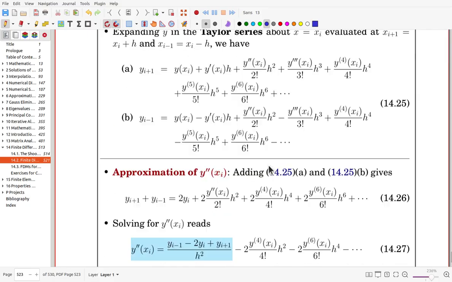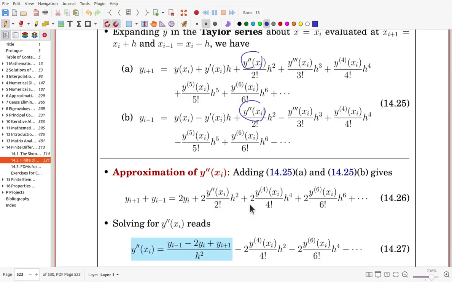And here, to get an approximation for y double prime, okay, we have y double prime here and y double prime here. Now we add the two equations, then the addition will be here twice of y at x_i, and this first order term will disappear. And then we have twice of this one, and again this will disappear, and twice of this one.